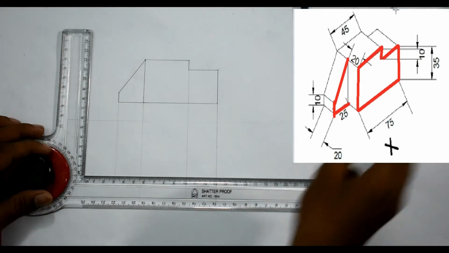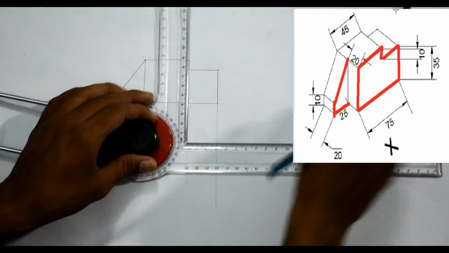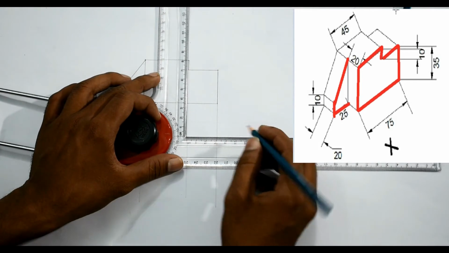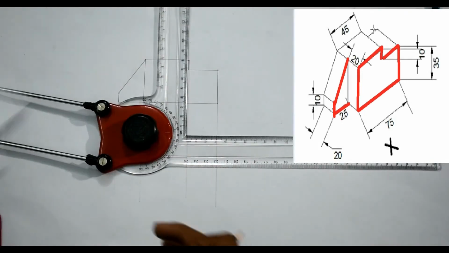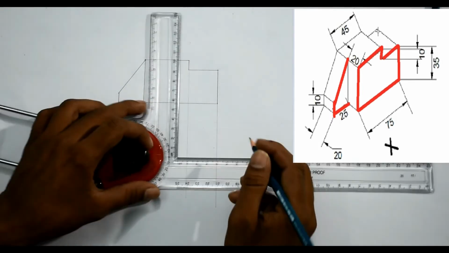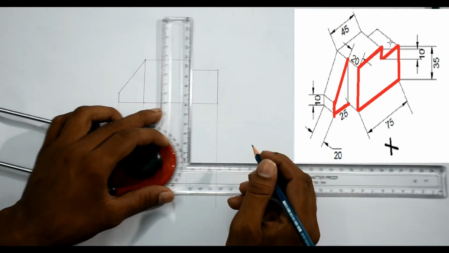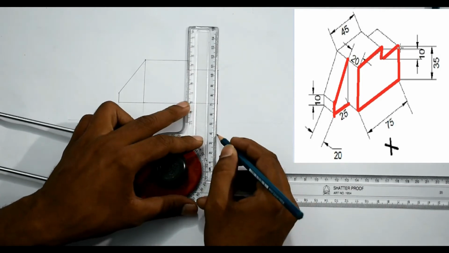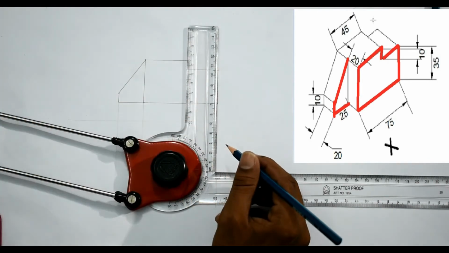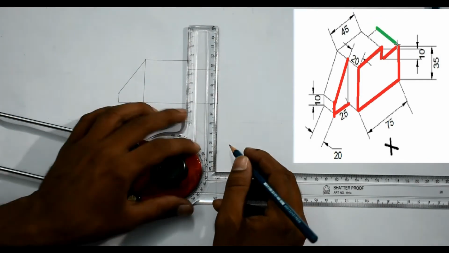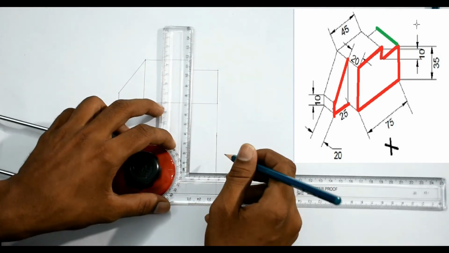So I'll draw this starting from the right hand side, because this is somewhat easier to draw from this side. And the width is 40 mm, which is not directly mentioned, but you need to see that this length is 20 mm first, and again this length is 20. So this whole total will be a 40 mm line.